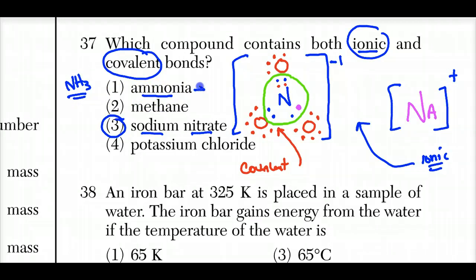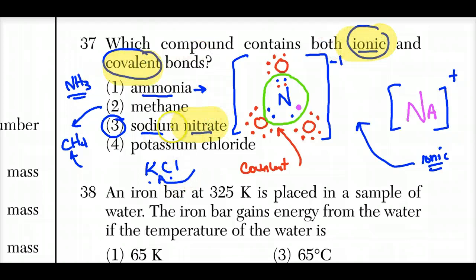It's for all the bases. Okay, it might be L. And methane, you should know from organic chemistry, is CH4. That's all covalent. Potassium chloride, you should know, is KCl. It's all ionic, metal, nonmetal. So the only place where we're going to have both an ionic and a covalent is when you have a polyatomic ion. So choice 3 is the answer for 37.